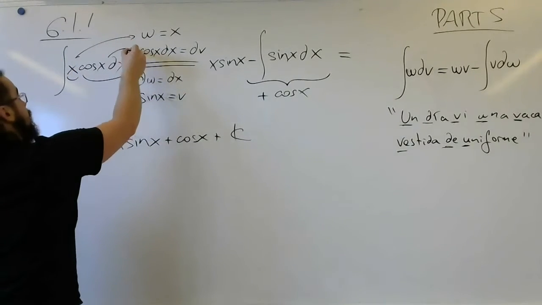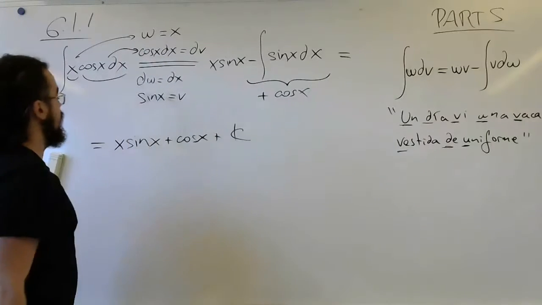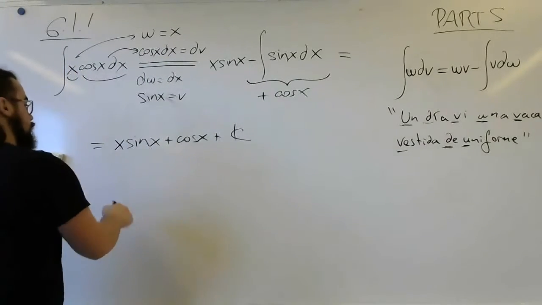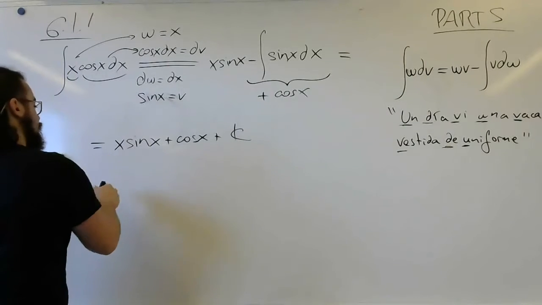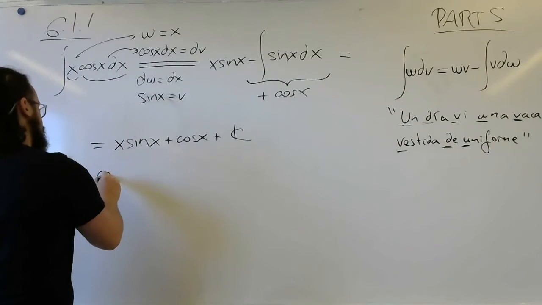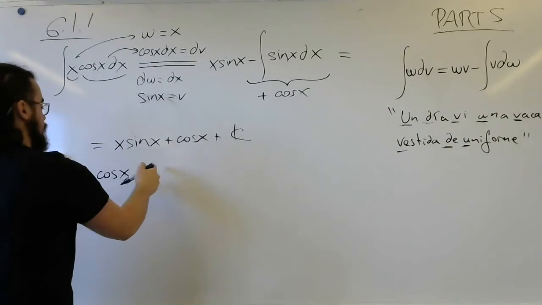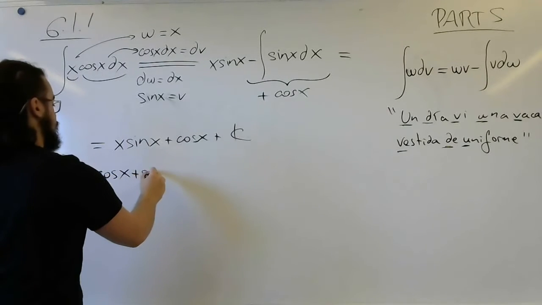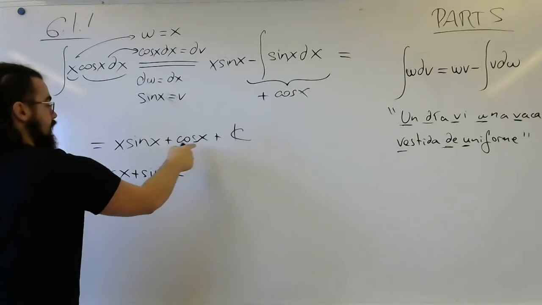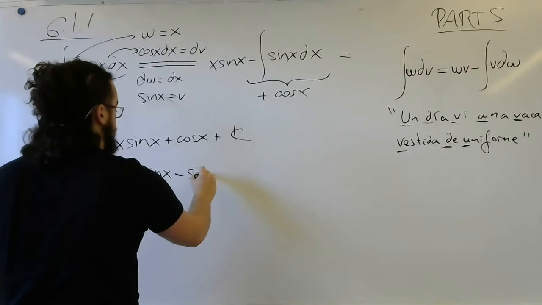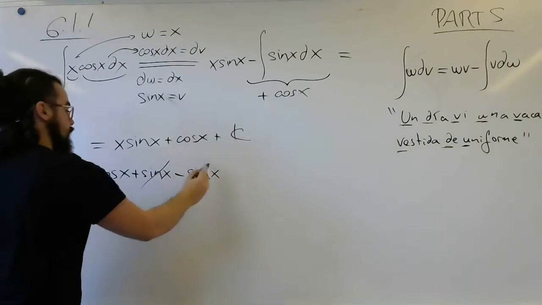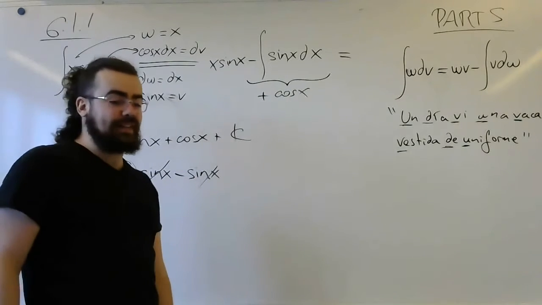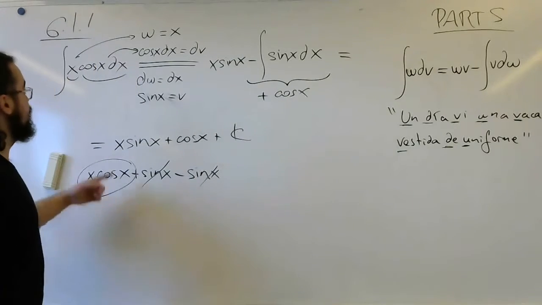You pick up your w, you pick up your differential of v, and the other way around. Now, in order to verify this, if I derivate, what happens here? The derivative of this is cosine x, cosine x plus sine x, and the derivative of plus cosine is minus the sine. So how do you verify if an integral is correct? You derivate it.